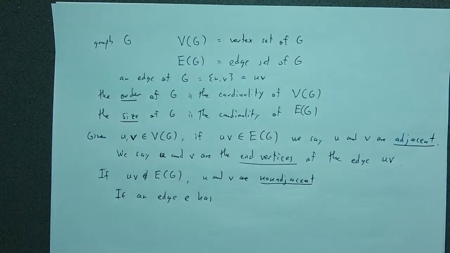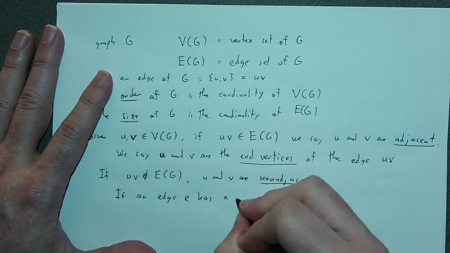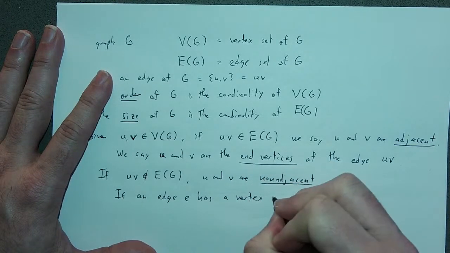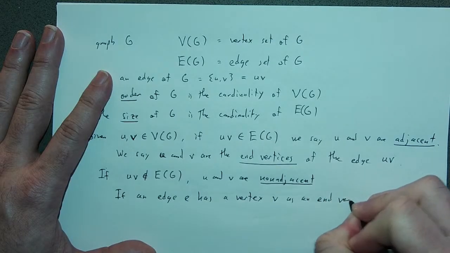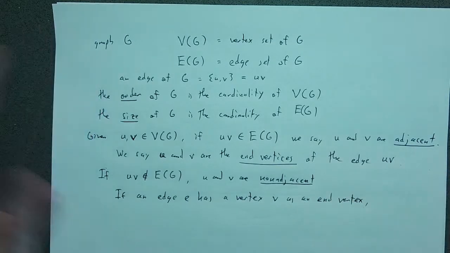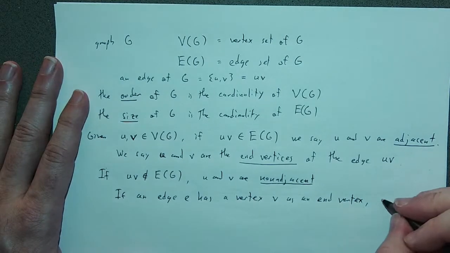Don't be shocked or horrified. If an edge E has a vertex V as an end vertex, we say that V is incident with E.